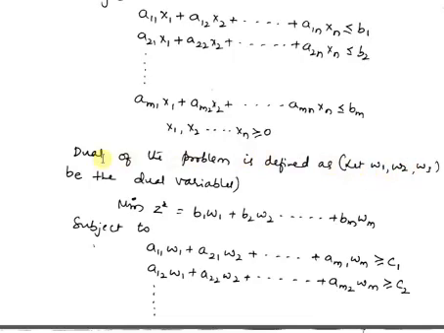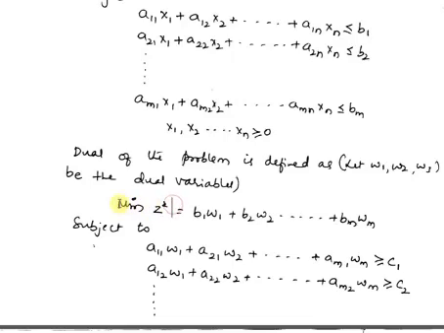Coming back to the dual of the problem, we have taken here let w1, w2 and w3 be the dual variables, like I have mentioned in the discussion before. The variables in the dual problem are called dual variables, and the dual problem will be a minimization problem.